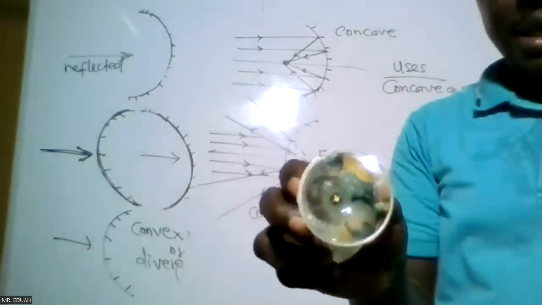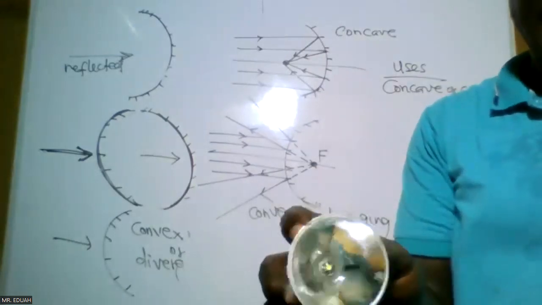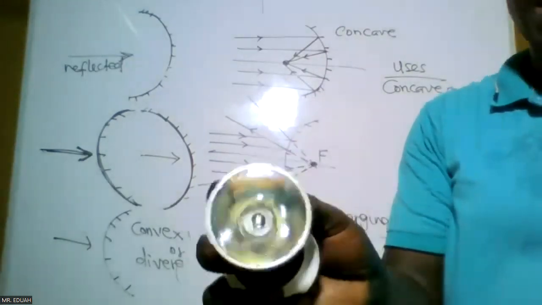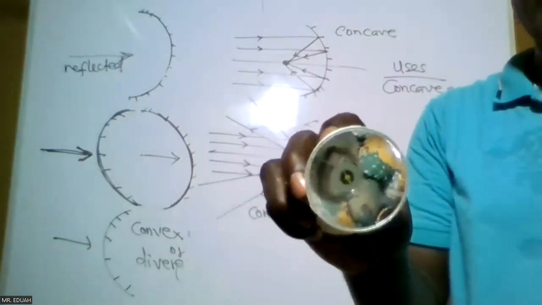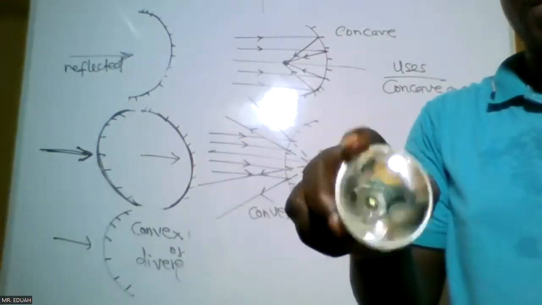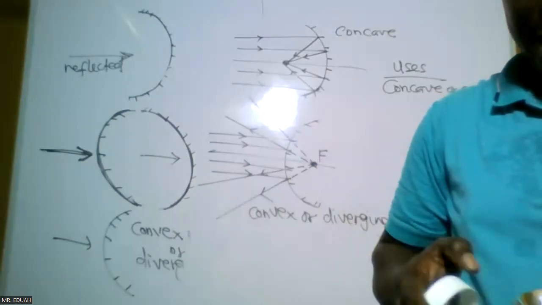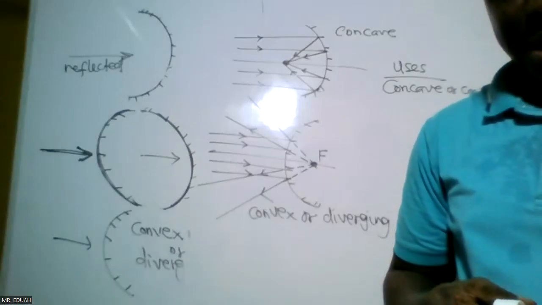You see this curved part of the torchlight? This one curves inwardly. What you see as that shiny thing is a concave or converging mirror.